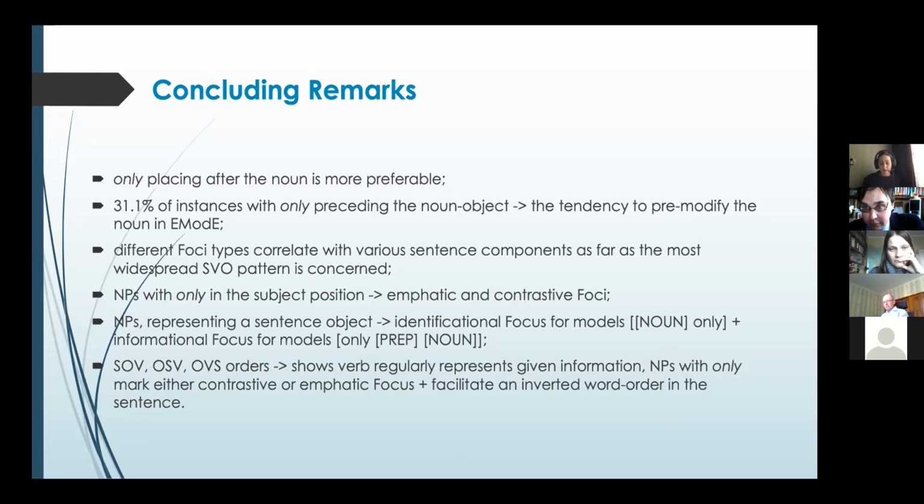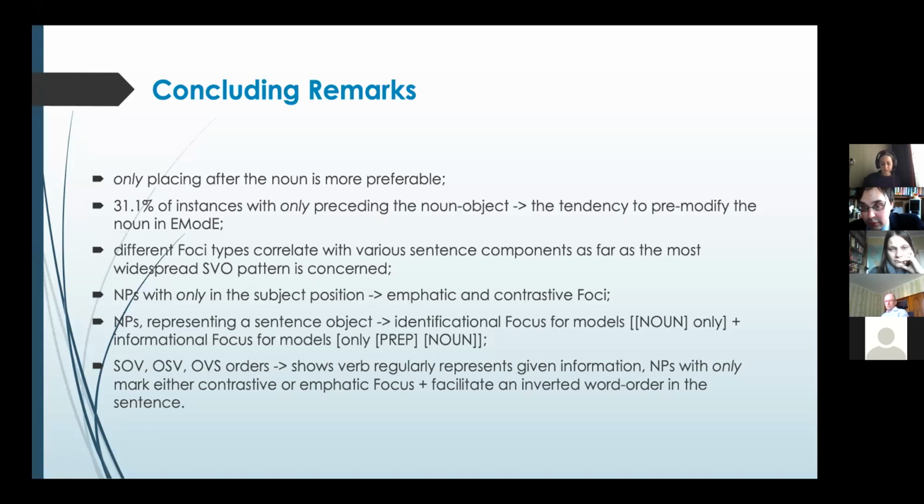And analyzing different word orders registered with the adverb as a part of the NPs, it was observed that different focus types correlate with various sentence components. As far as the most widespread SVO pattern is concerned, it is more preferable to allocate NPs with only in the subject position while marking, for example, emphatic and contrastive focus.